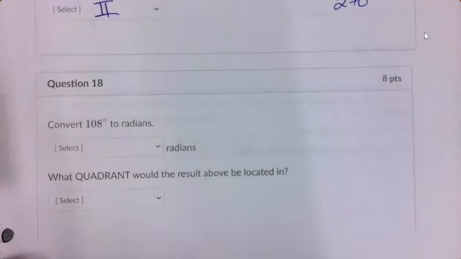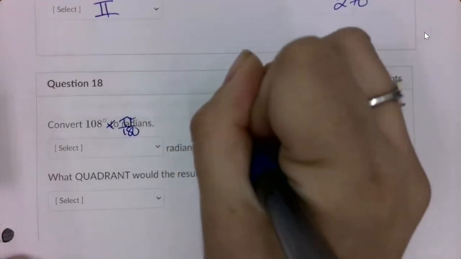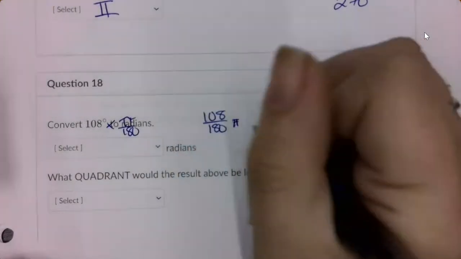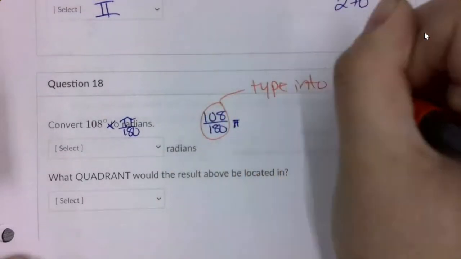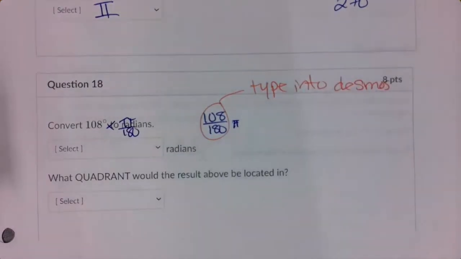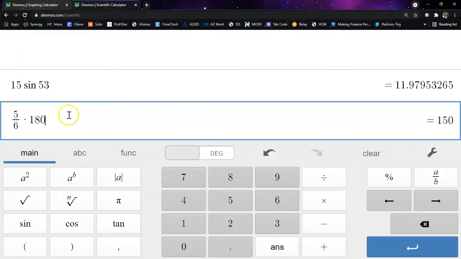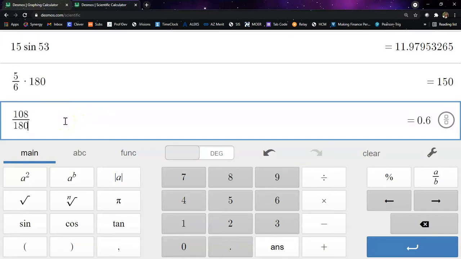Number 18 is similar. I'm converting to radians, so I want to multiply by pi over 180. So I can rewrite this as 108 over 180 pi, which I can take just a fraction and type into Desmos to simplify. So I have 108 divided by 180.